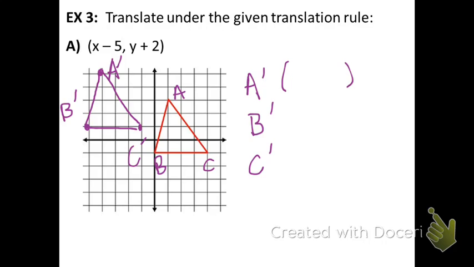Then we can identify those points. A is back 4 up 5. B is back 5 up 1. I guess those are A prime, B prime, and then C prime would be back 1 up 1.